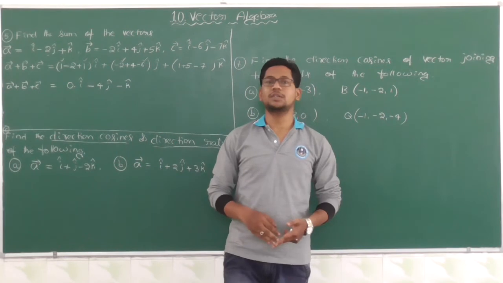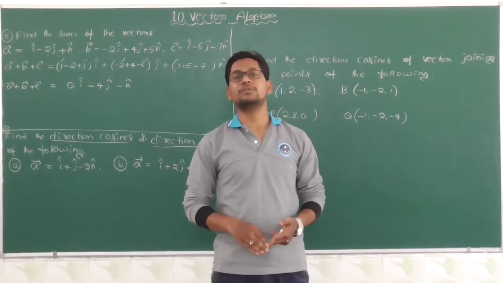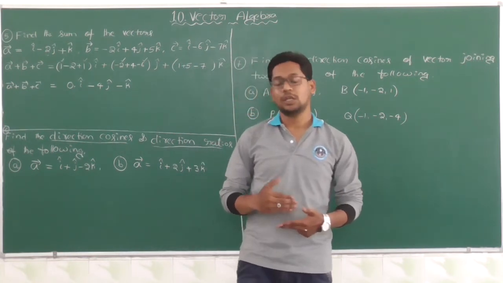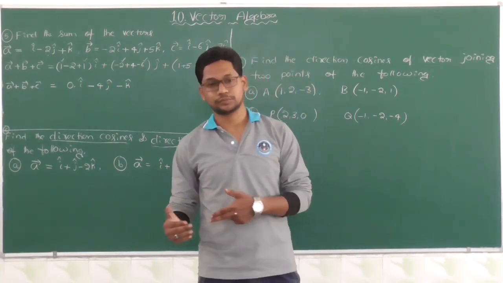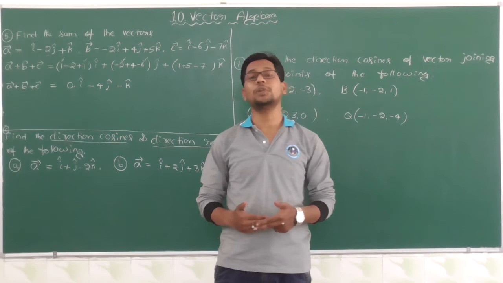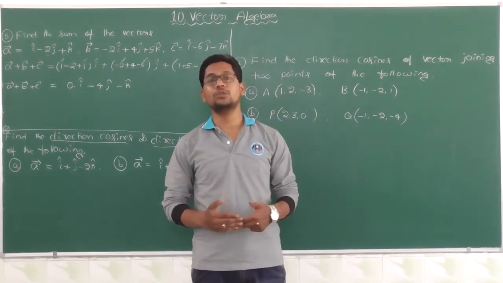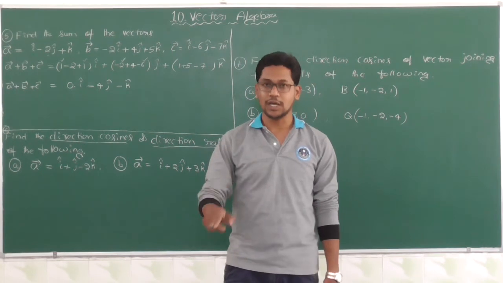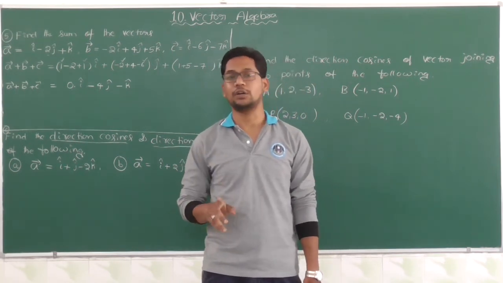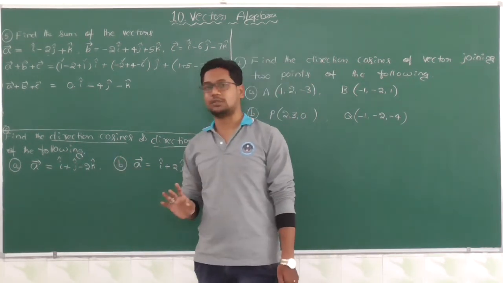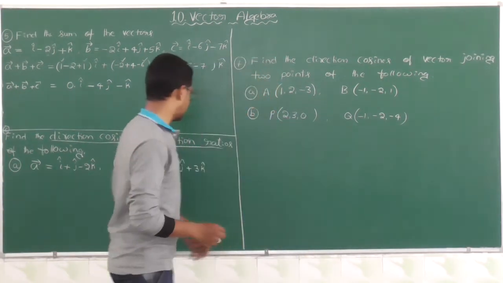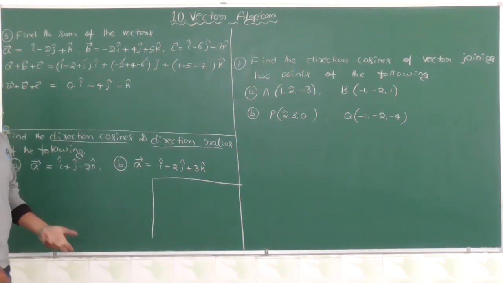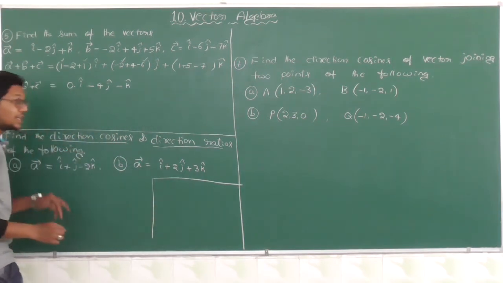In our previous class, I already told you how to find the direction cosines if the angle is given. If the angle is given in the problem, we have one formula to find the direction cosines: cos alpha, cos beta, and cos gamma. If the vector is given, then what are the direction ratios, and what are the direction cosines?